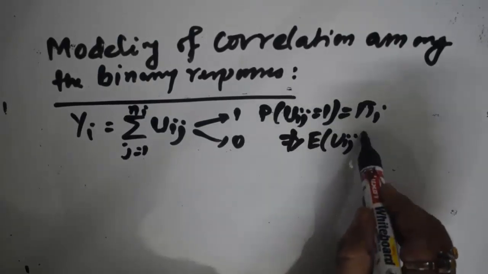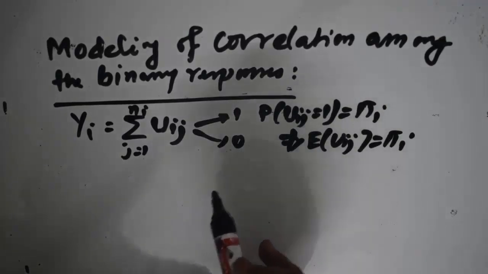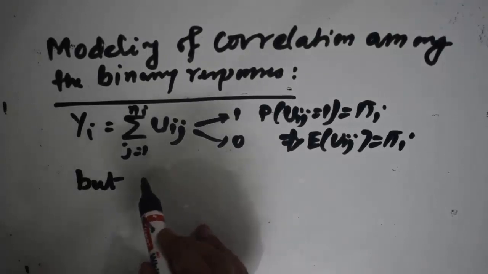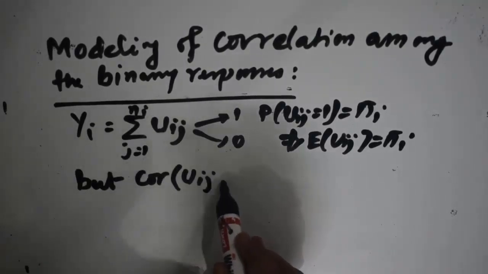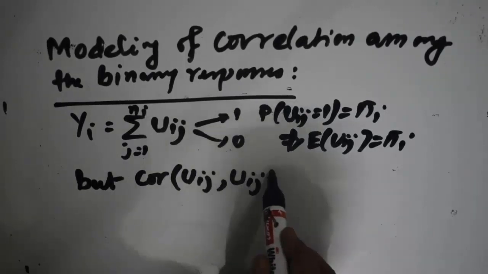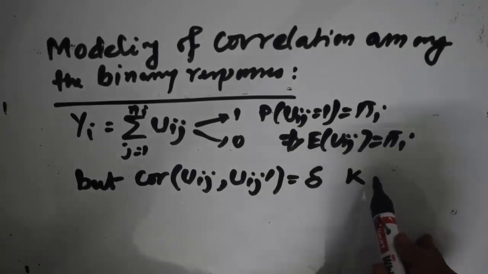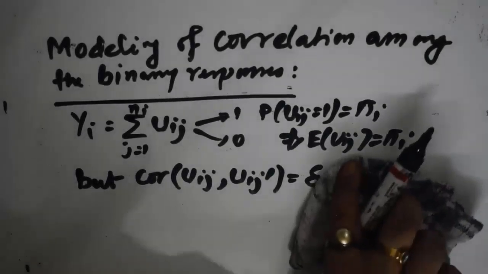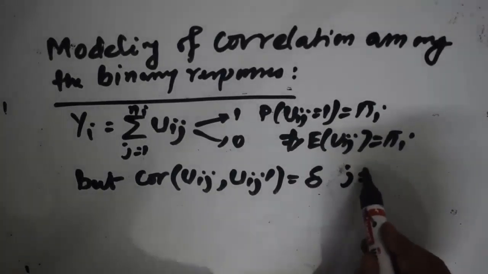expectation of uij equal to pi i, but the correlation between uij and uij dash is delta, where j not equal to j dash.